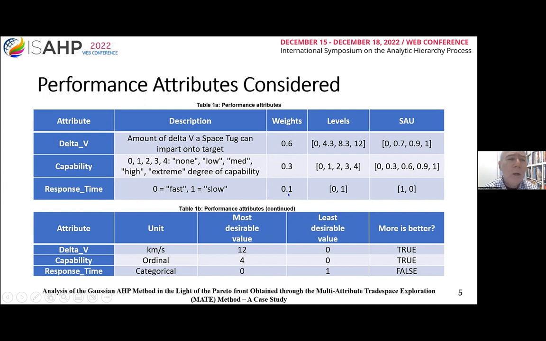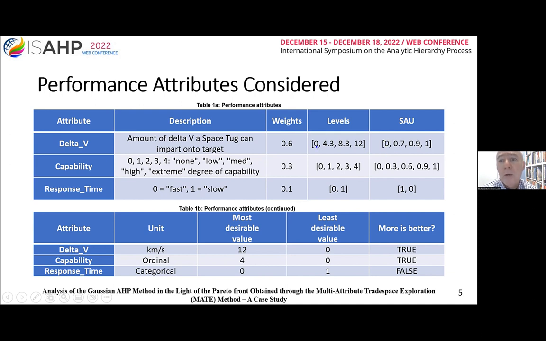Weights were obtained by a committee of subject matter experts, and each attribute has some points of interest, some levels of interest. I have to say that these attributes do not have to be linear, but they have to be monotonically increasing or decreasing, right? For each one of the levels of interest, there's one single attribute utility value.